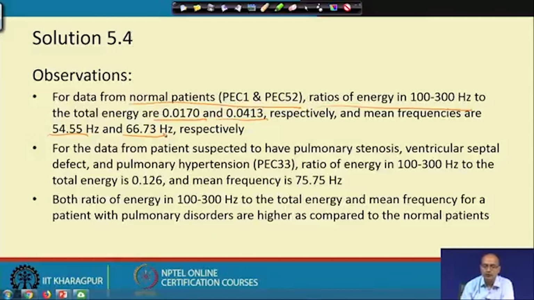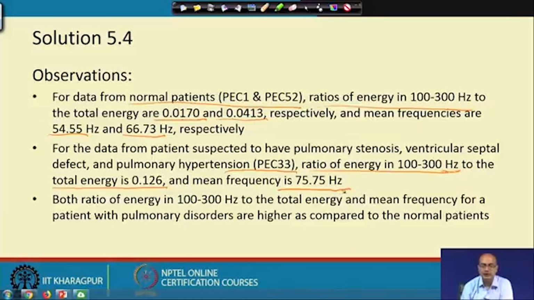And now, when we go for the disease subject, corresponding to PEC 33, the ratio of the energy in the band 100 to 300 hertz to the total energy is 0.126 and the mean frequency is 75.75.